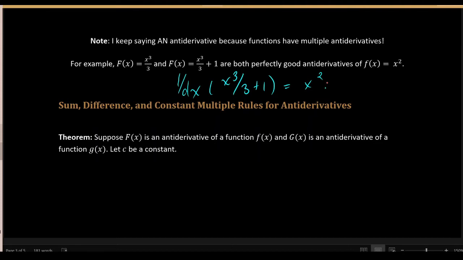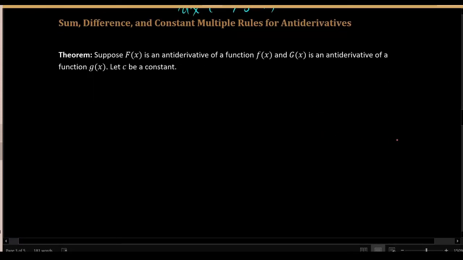So let's see if we can take the antiderivatives of those basic functions and find antiderivatives of more complicated functions that are combinations of those basic building blocks. Suppose we have two functions, lowercase f and lowercase g.